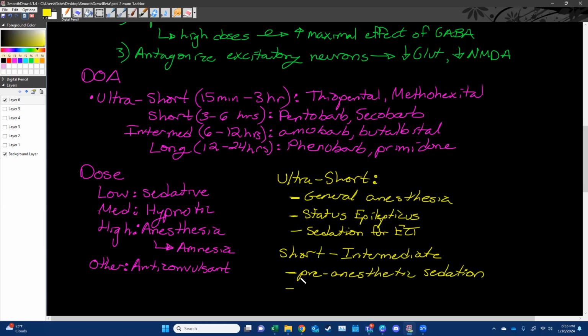The other thing you're going to see short intermediate acting for is anxiety, right? Someone's having a panic attack, you can give them these kind of short intermediate acting drugs.